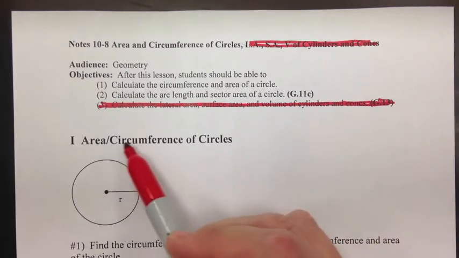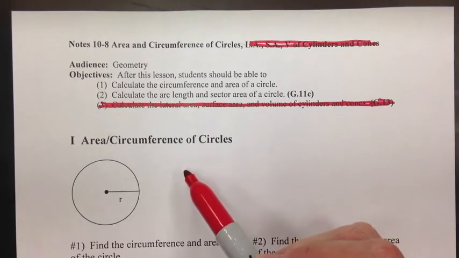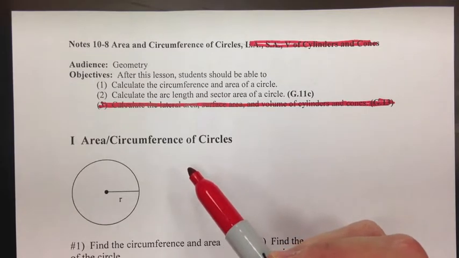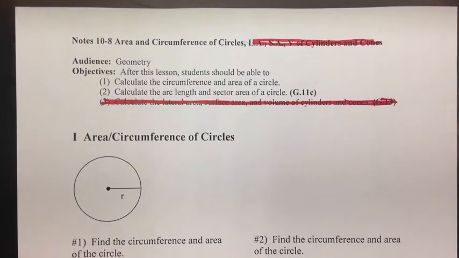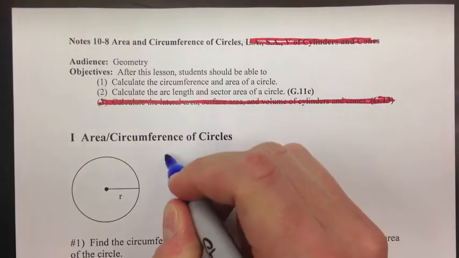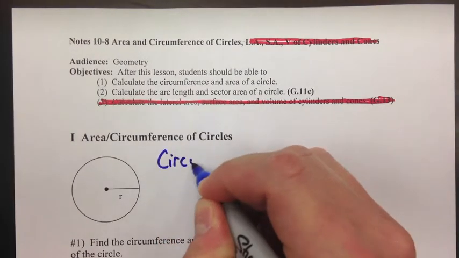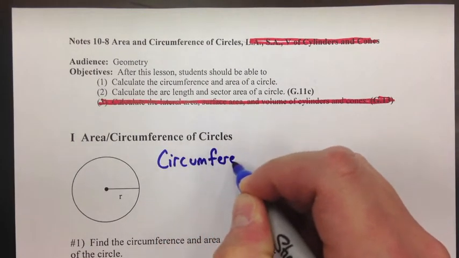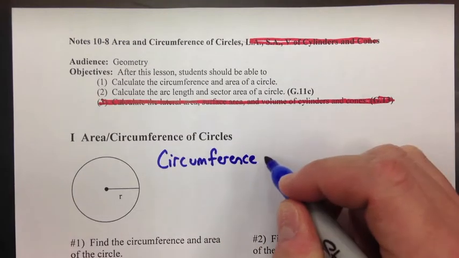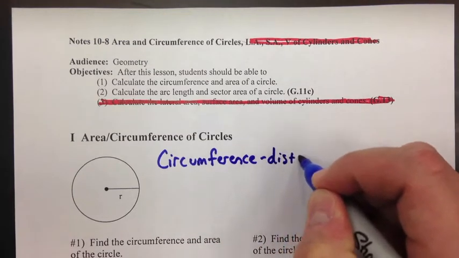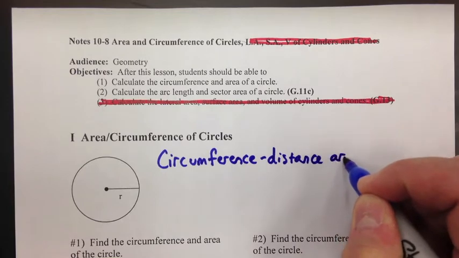All right, so area, circumference of circles. There are two formulas that we're going to use for this. The first one is called circumference. Circumference is basically the distance around a circle.